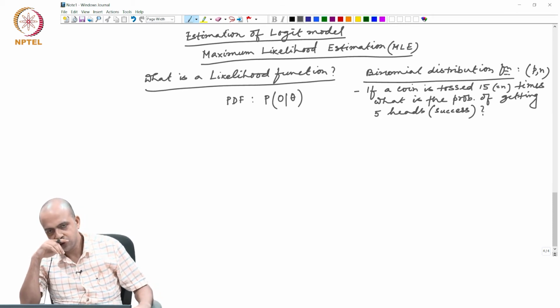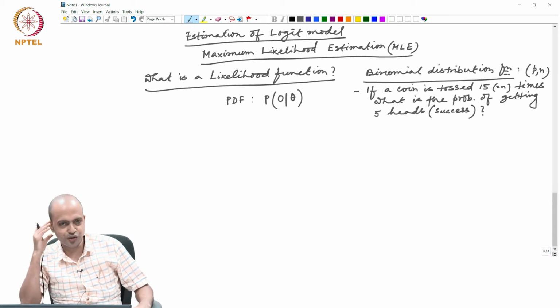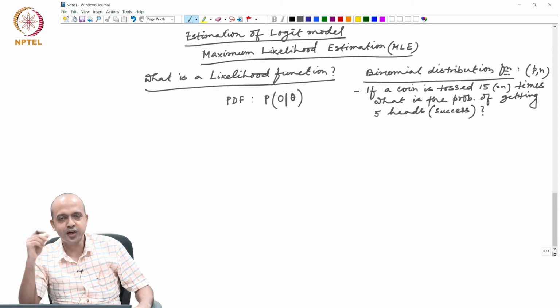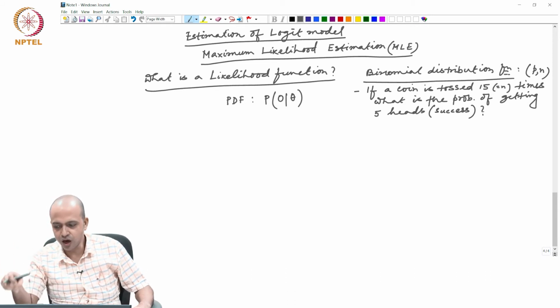That you can find out if the probability distribution function is given, right. Now, if I reverse this question, here the parameters are known and you are trying to find out the probability of getting 5 heads out of 15 trials.